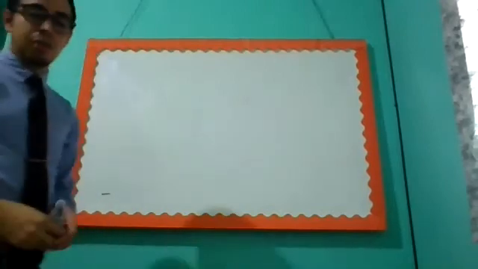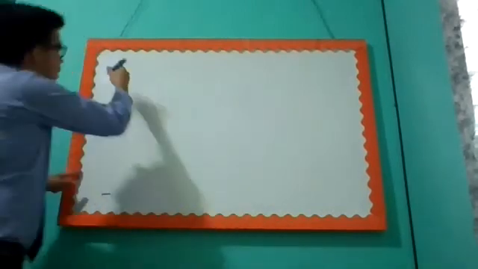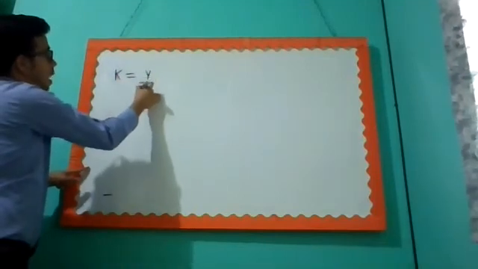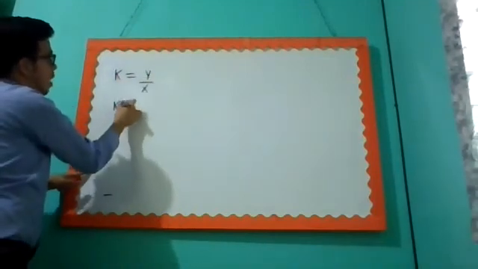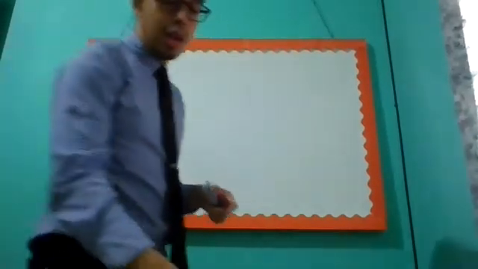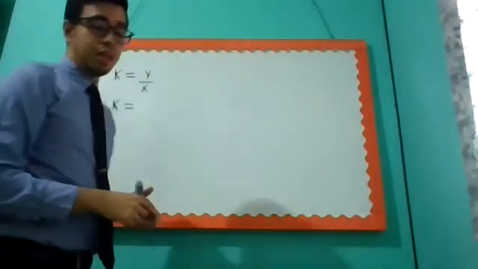What you need to know to find the constant of proportionality is Y over X. So K is going to be the values of the Y, you subtract 10 minus 5.